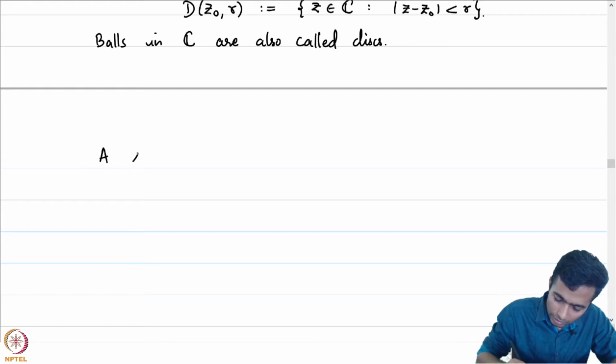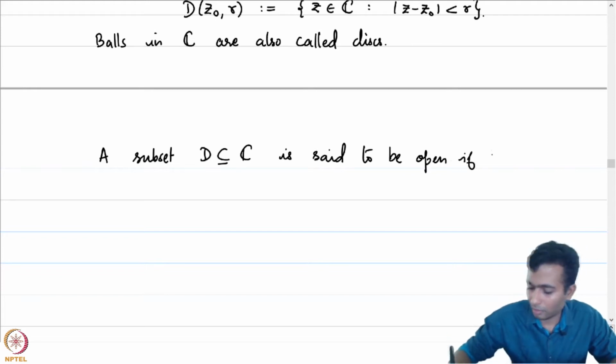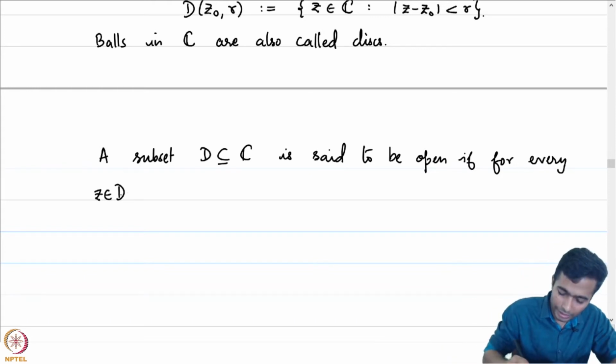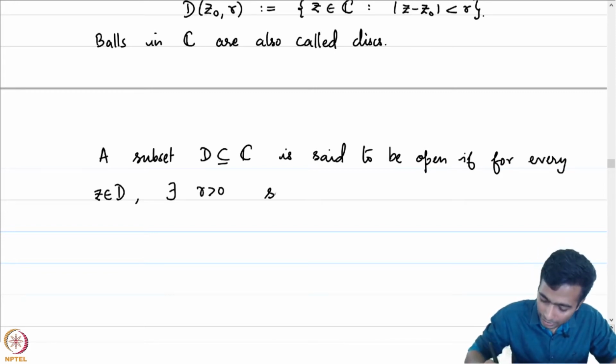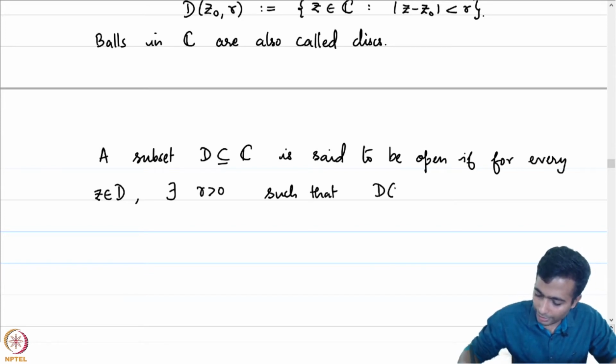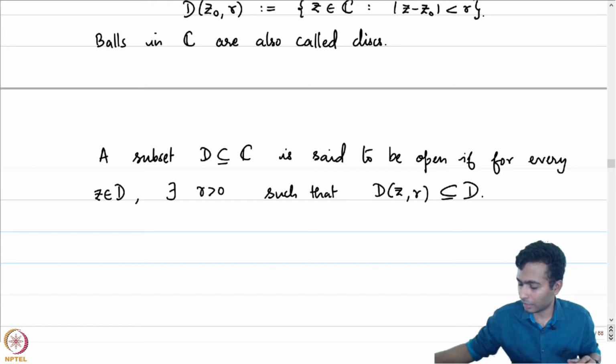So a subset D contained in C is said to be open if for every z in D there exists some positive real number R such that the disk of radius R around z is contained in D. This is another way of saying that z is an interior point.